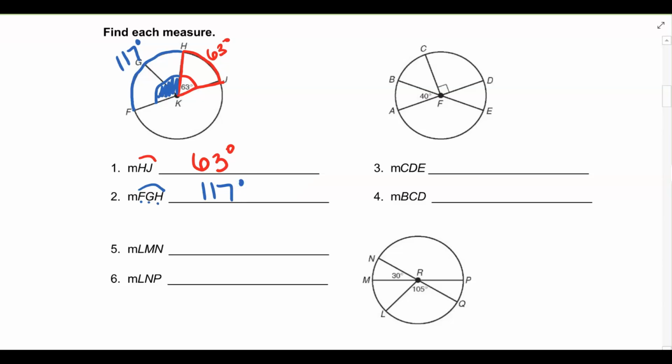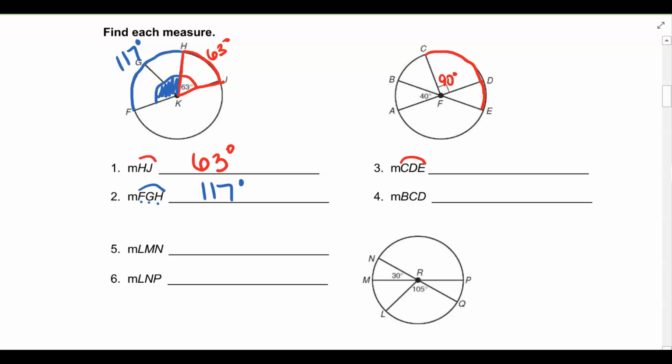Okay, next question. Number 3, looking for arc CDE. Again, it's going from C to E by passing through D. So we're looking for this whole thing here. Some things that we can keep in mind are we have a 90 degree angle here because of this box, so I know I can account for 90 degrees there.